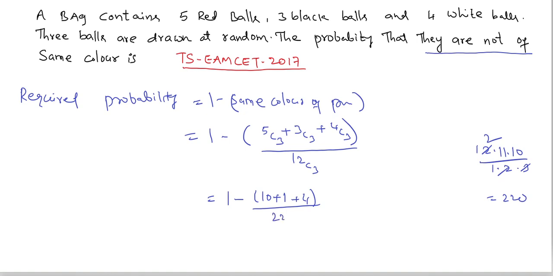So 1 minus 15 by 220, 5 threes are 15, 1 minus 3 by 44, that is equal to 41 by 44.